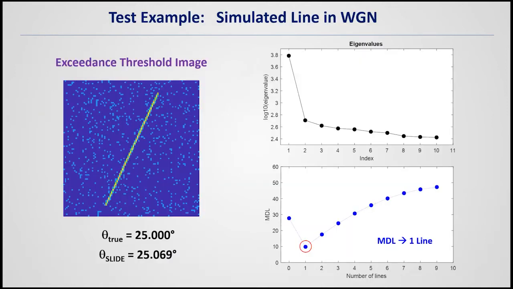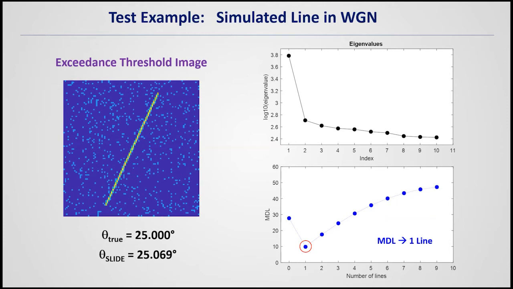So, I implemented this in MATLAB and ran a test example using a simple line in a white Gaussian noise background. The line was at an angle of 25 degrees. The eigen decomposition of the covariance matrix is in the upper right plot there.